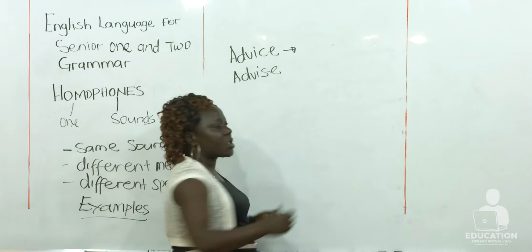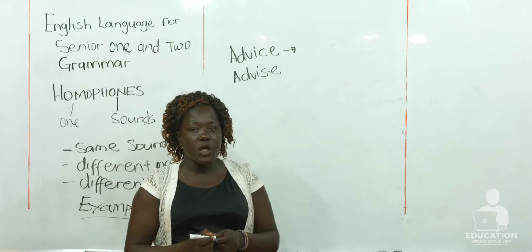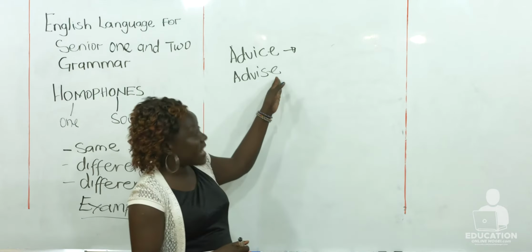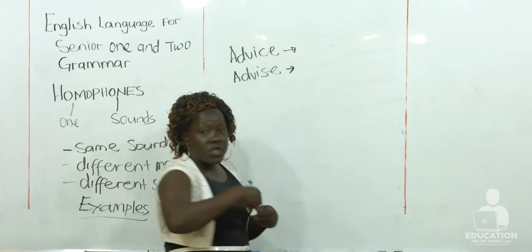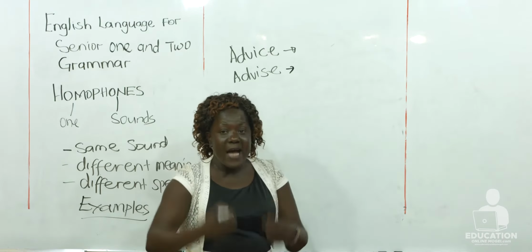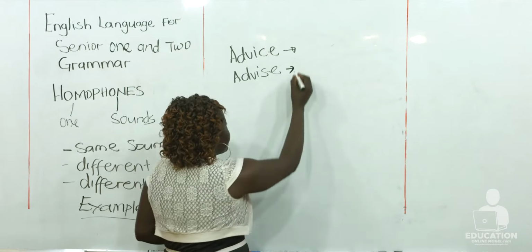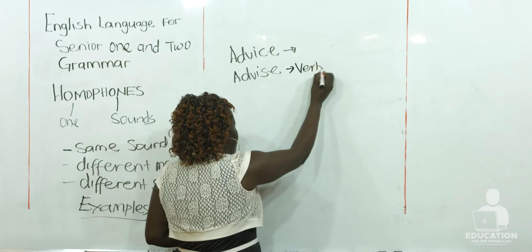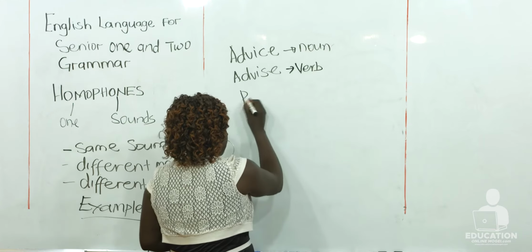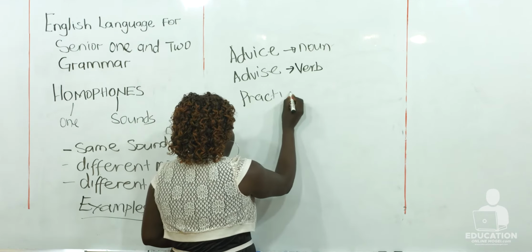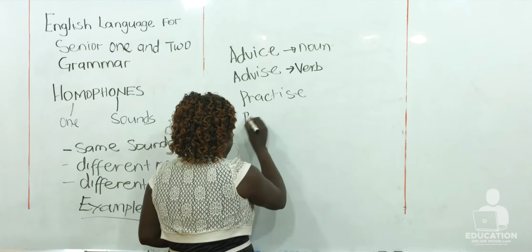It is the good teaching or counseling you give to someone. Meanwhile, advise is a verb, which means to teach someone, to guide someone, to counsel someone. Words like practice and practise.